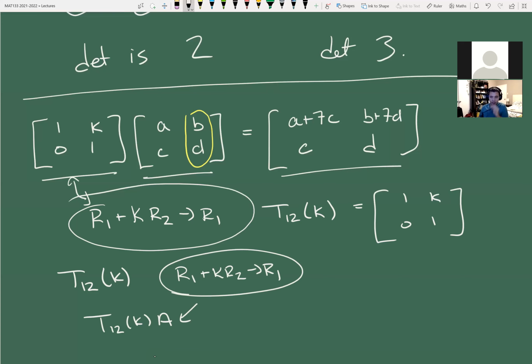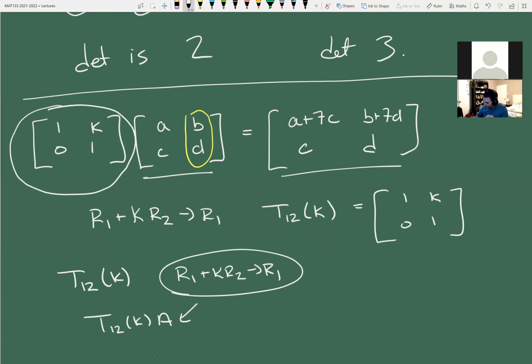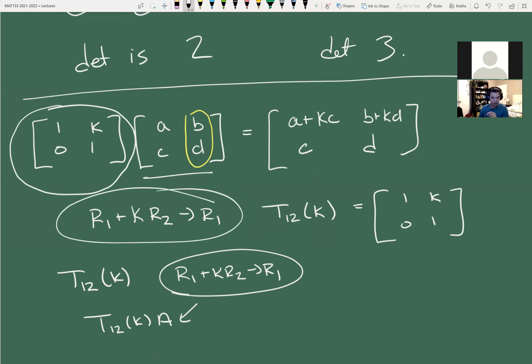For this matrix, we actually just did the multiplication, and we get this thing. And we see that that is precisely this row operation, right? So that means that this is T12K, because this matrix performs that row operation.